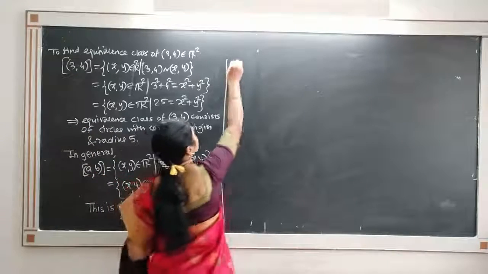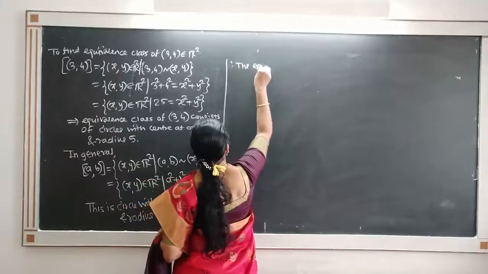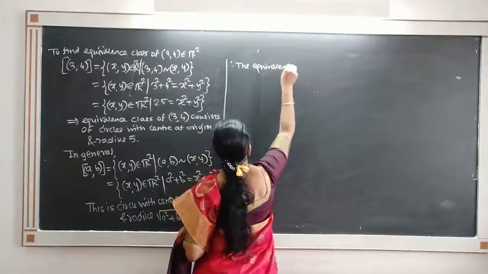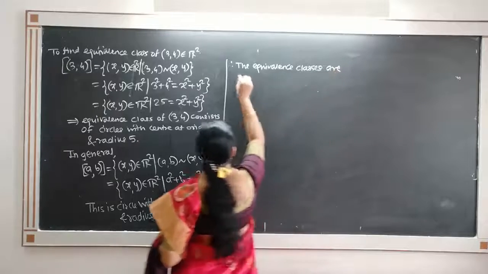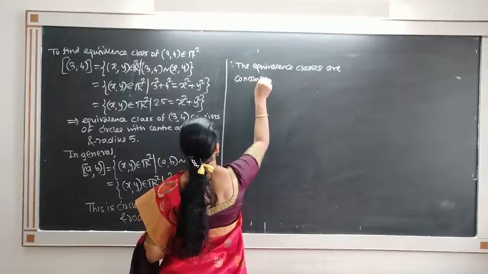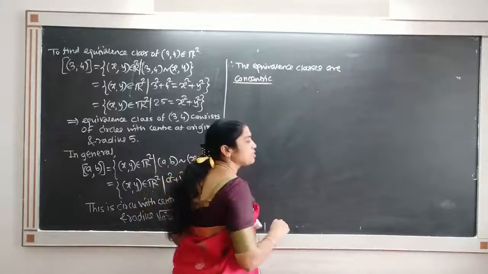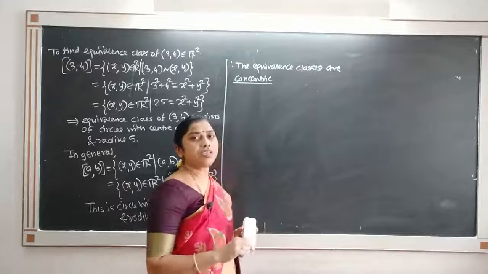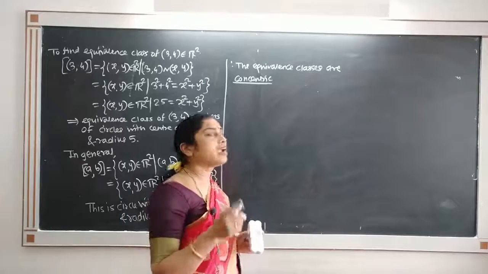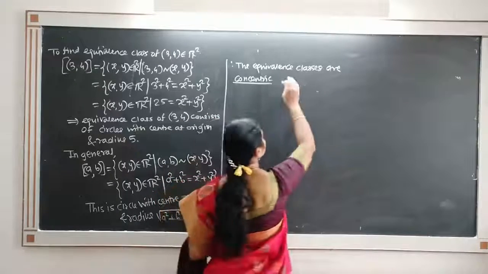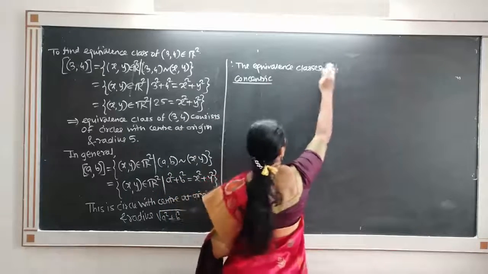Therefore, the equivalence classes are concentric circles. Concentric circles means circles having the same center. The center will always be at origin, only the radius goes on changing.